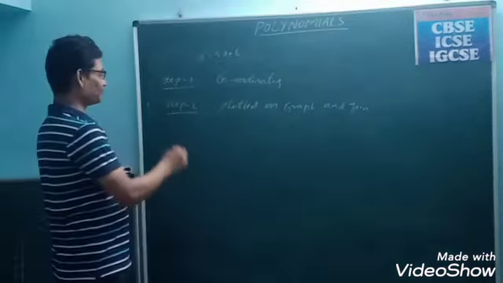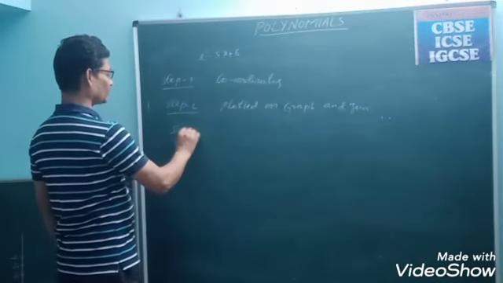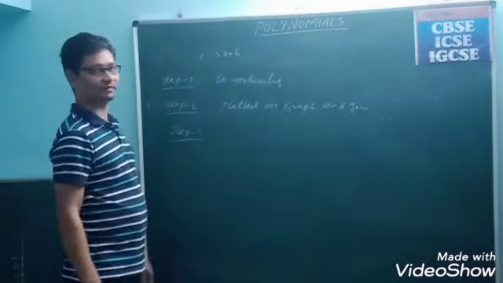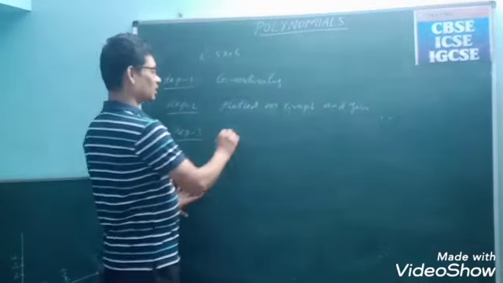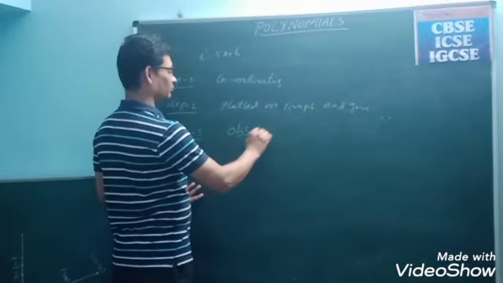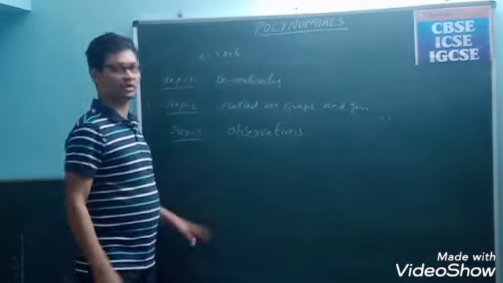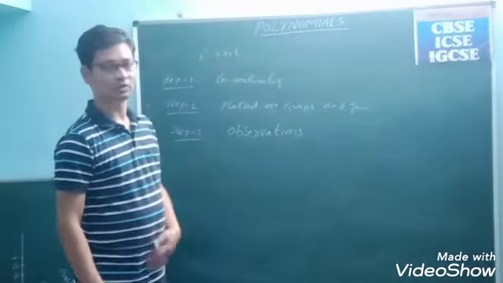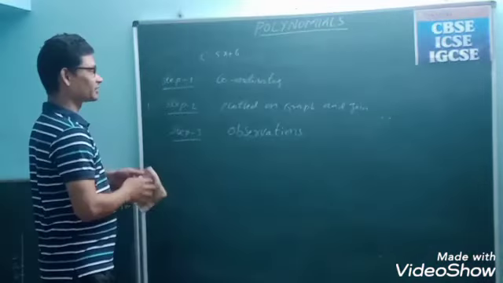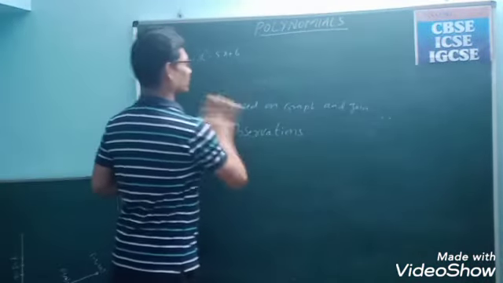You will get a graph there. And after drawing the graph, you also need to note down the observations you have made. So let us start with the first step, finding the coordinates.